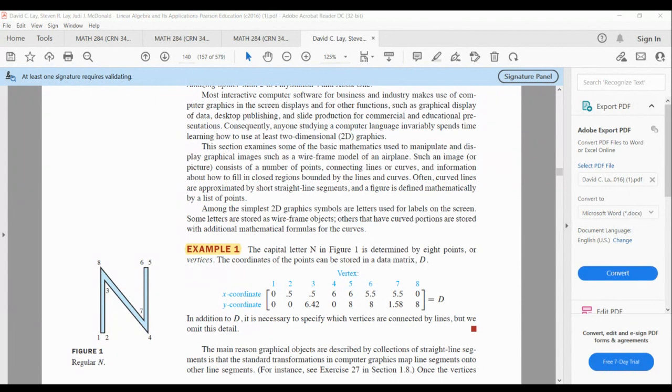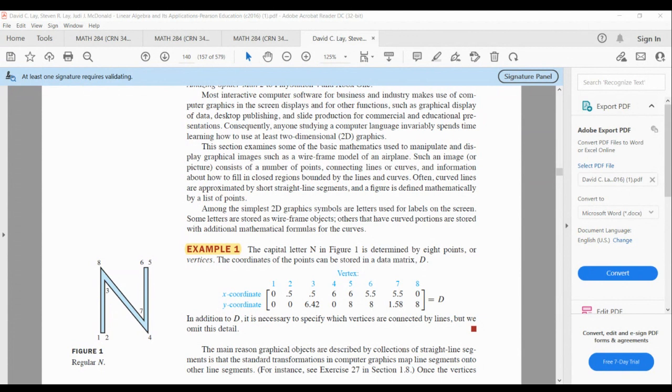So, how does a computer understand the capital letter N? Well, one way is to place coordinates at the vertices of this capital letter N in figure one on the left. The first vertex has the coordinate 0, 0: x coordinate 0, y coordinate 0.